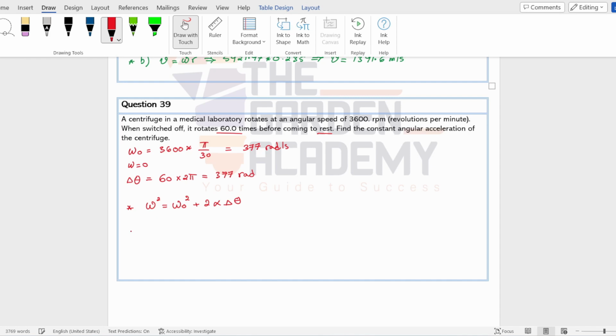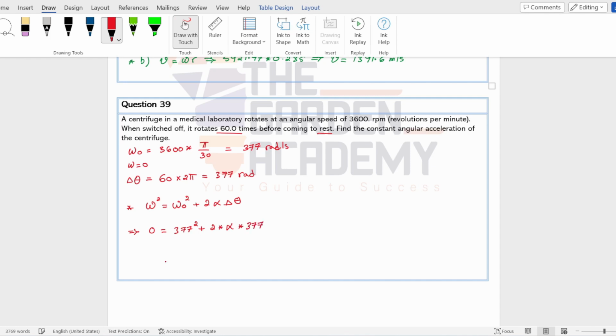Okay, now we plug in the values. What is the final angular speed? It's equal to 0. So we say 0 equals 377 squared plus 2 times alpha times delta theta, which is 377. Now we do shift solve.